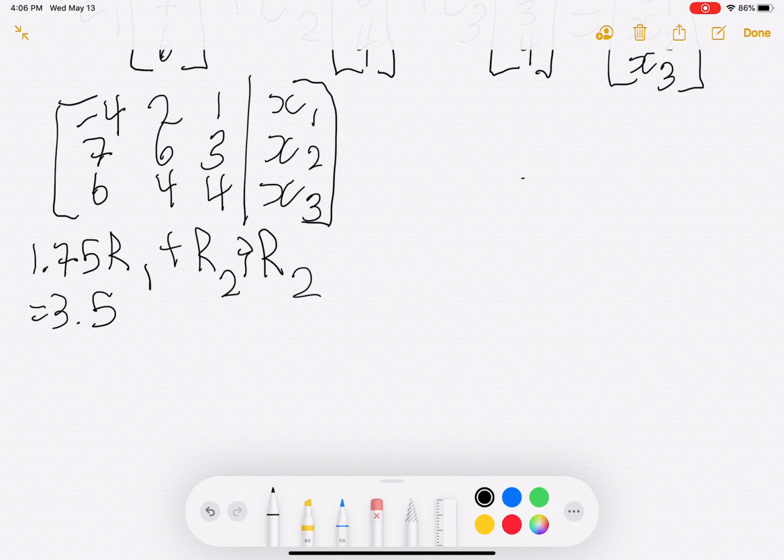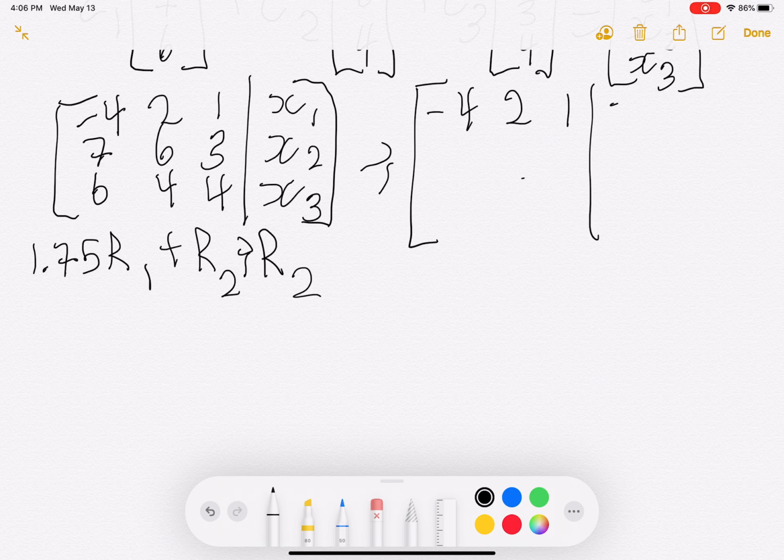Should be that. Okay, so that's equal to 3.5. So we can erase that. So we want to change this matrix now. This remains unchanged. Okay. So obviously this becomes 0 now. So we don't have to worry about that, thankfully.